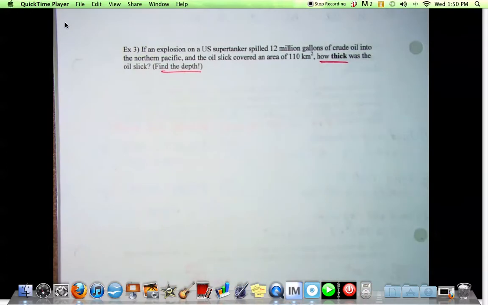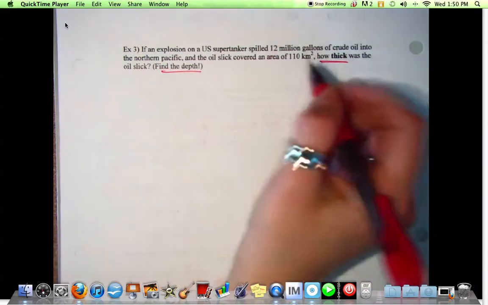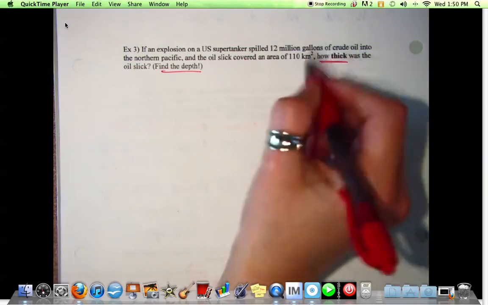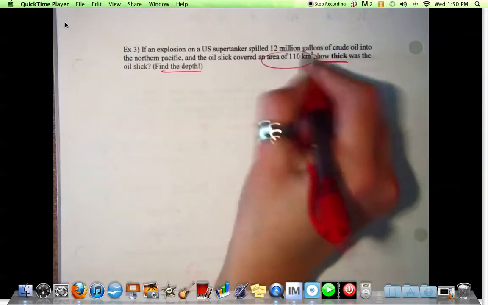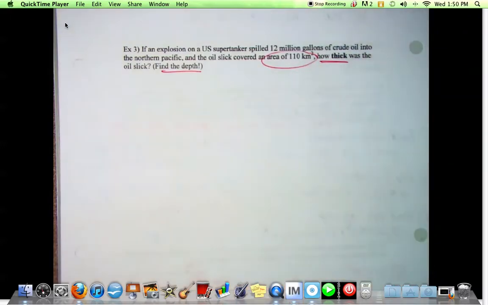What are we given? You were given the area that is covered and how much is spilled. The area that's covered is 110 kilometers squared. And how much is spilled is representing the total volume.